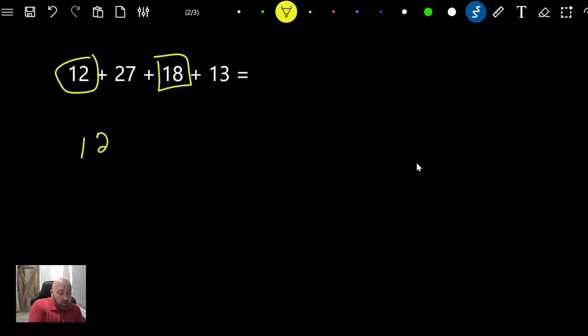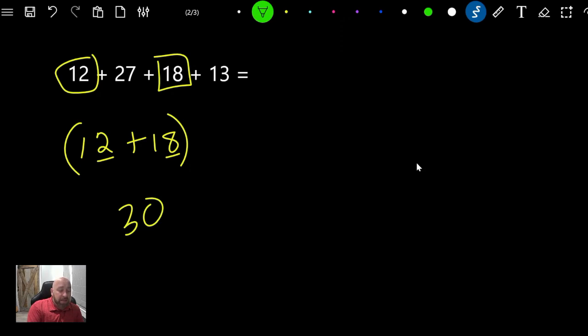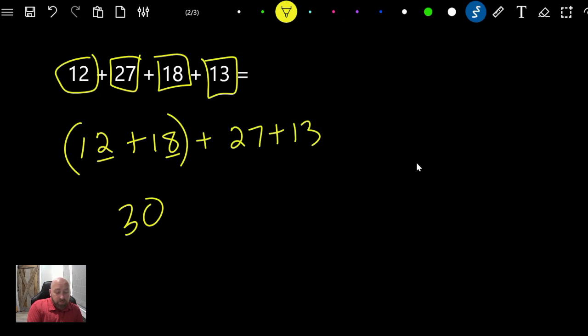So if we do 12 plus 18, and then if we group them together, because that gives us 2 plus 8 is 10, then we can know that that's 30 pretty easily, right? Then we take these other 2, and using commutative, we move them, so plus 27 plus 13.